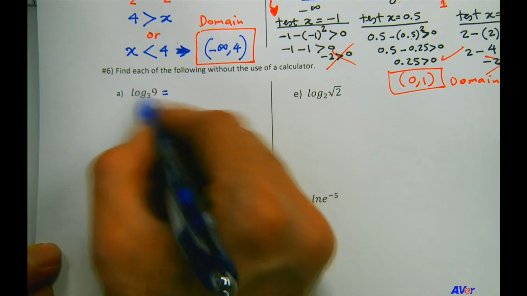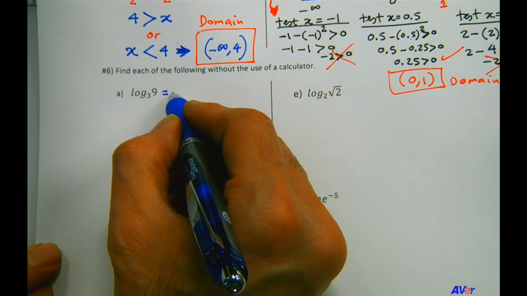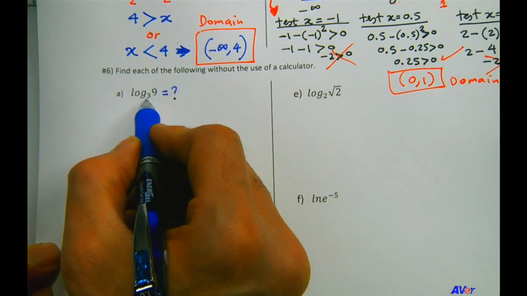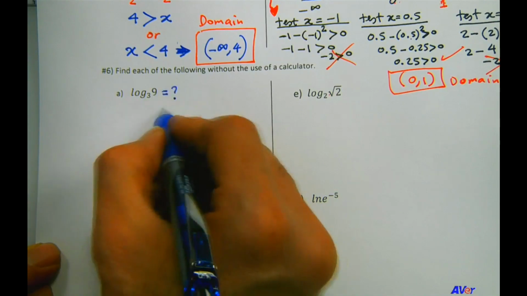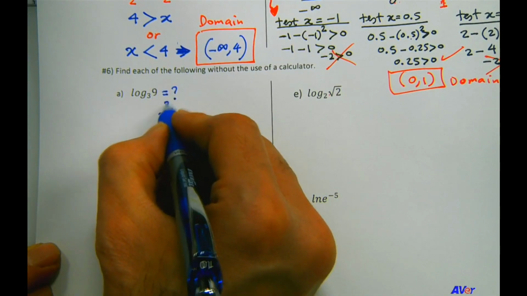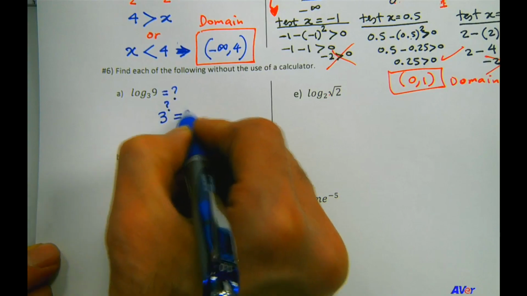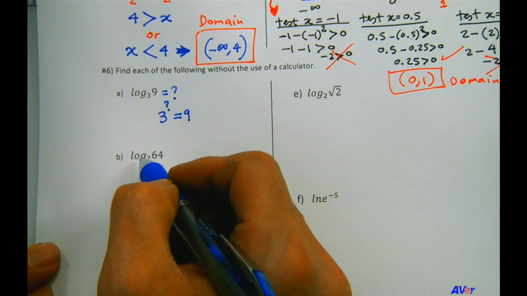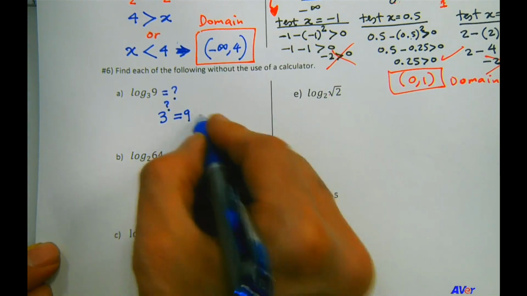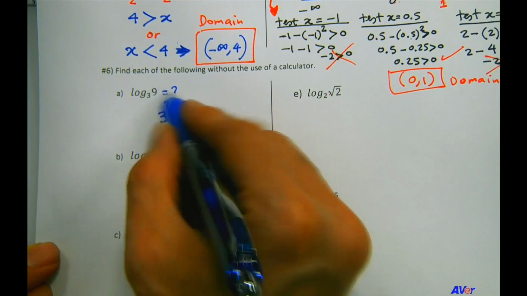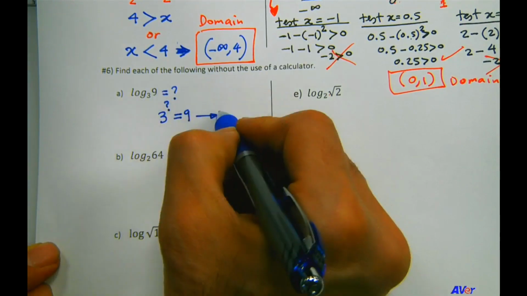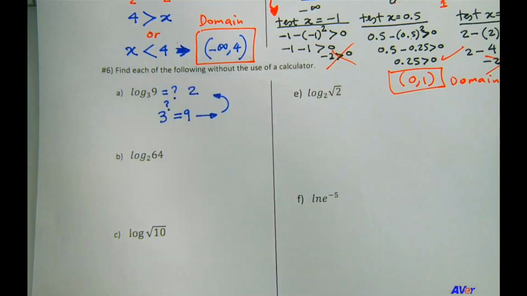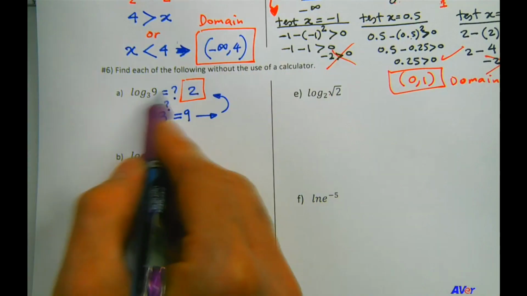In other words, this is asking us what exponent should be here, to base 3. So they're asking 3 to what exponent is equal to 9? Can you do this without a calculator? Absolutely you can. That means that result is equal to 2. So log of 9 to base 3 is 2.